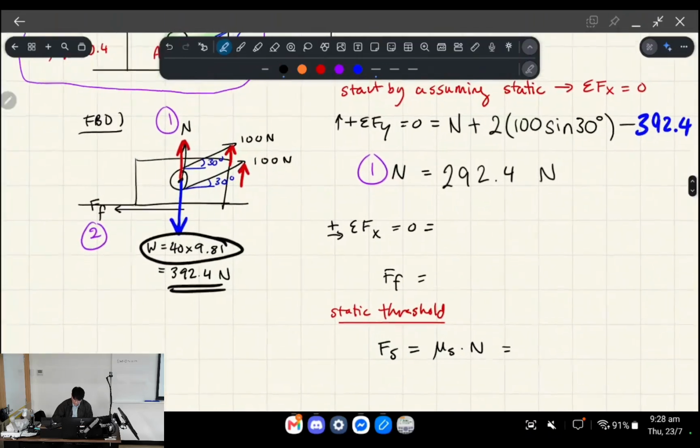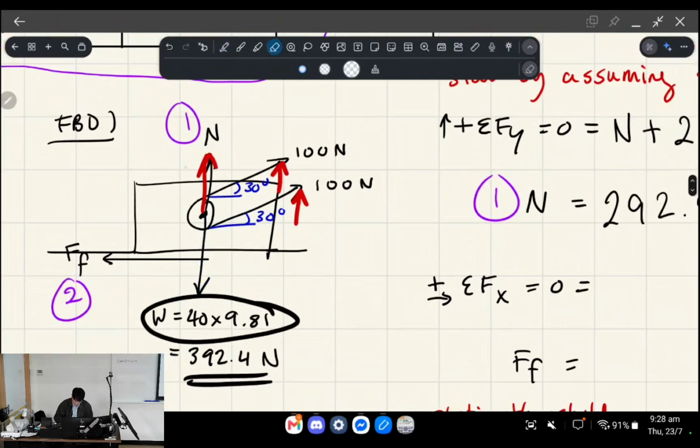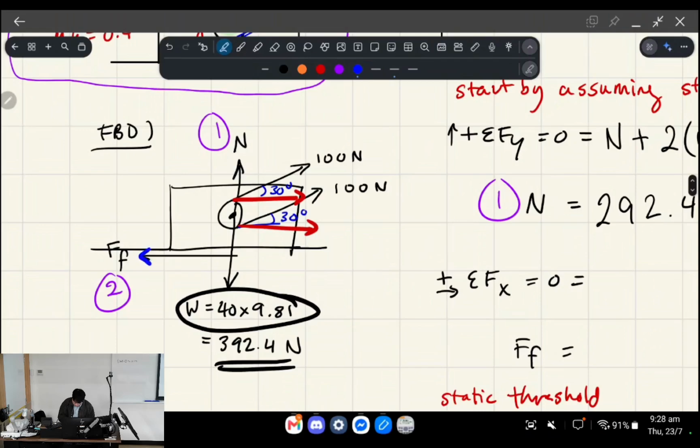Okay, next we're going to look at the horizontal forces, right? So we're going to take the horizontal equilibrium, okay? And let me just redraw some of those arrows. So now we're interested in two lots of the horizontal component of the diagonals, and we're also interested in the friction, okay?